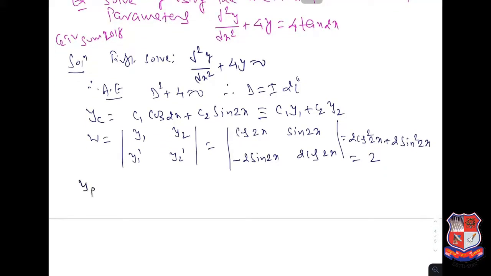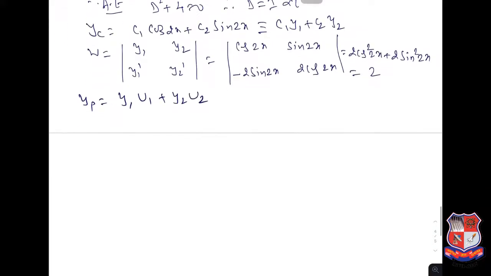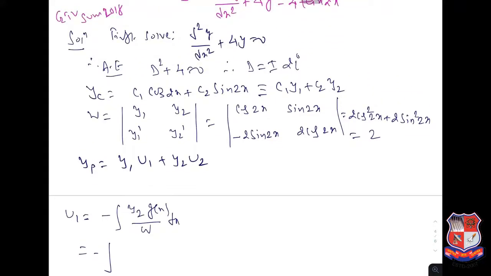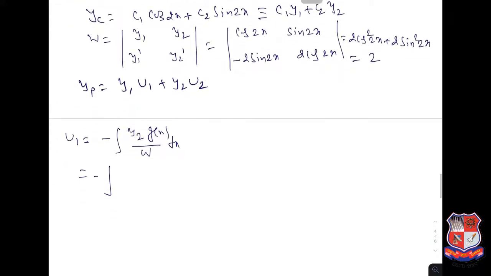Now what is the yp? It is y1 u1 plus y2 u2. Now what is u1? u1 equal to minus integration of y2 g(x) over W. Now what is y2? y2 is sine 2x.